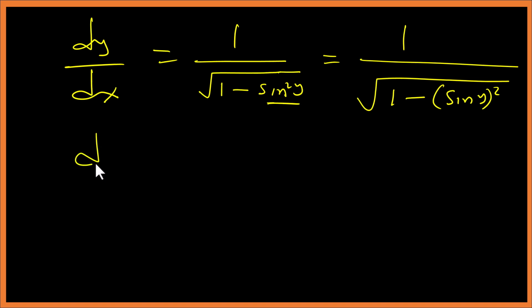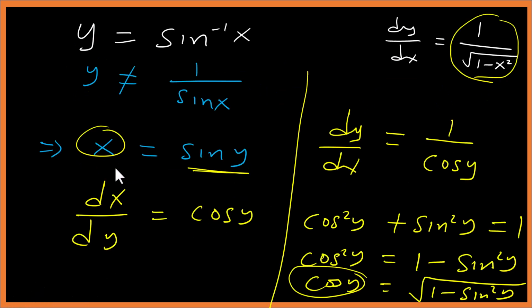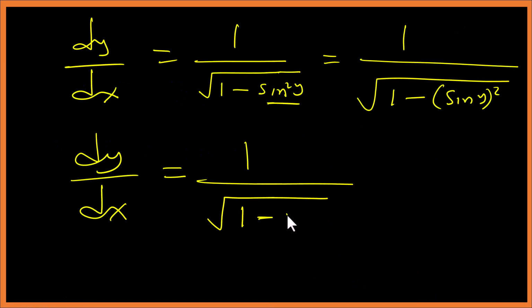So dy/dx will be 1 on square root of 1 minus, so sine y is x here, so we have x squared. As simple as that. All right.